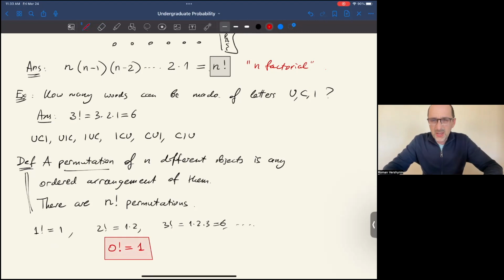Later, maybe in 1 or 2 classes, we will understand why people would like to make that convention. It makes some formulas just simpler. For now, let's just remember that n factorial is just the product of all numbers between 1 and n, and 0 factorial, by agreement of mathematicians, by convention, is set to be 1.